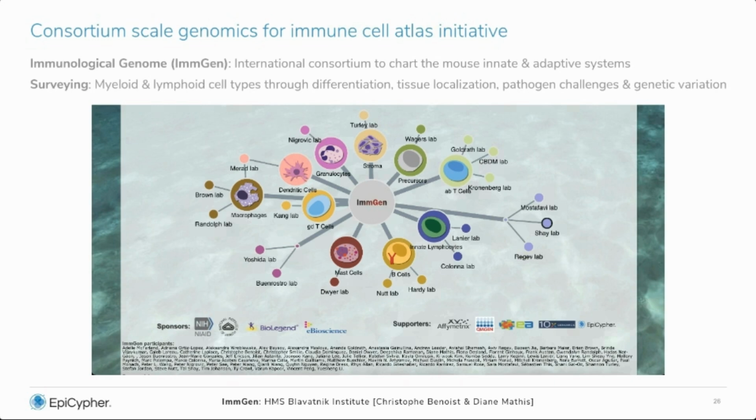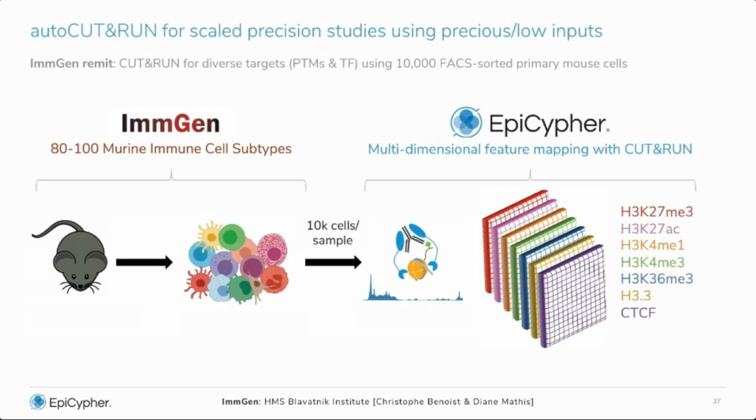And they had been trying to figure out how they can map chromatin features. They had dabbled with the idea of doing ChIP, but the problem with ChIP is that they could only guarantee that they could get 10,000 cells per sample. And this was just a non-starter for ChIP.